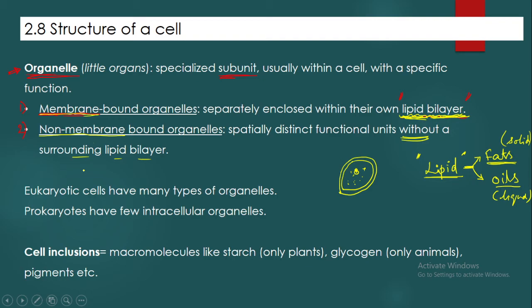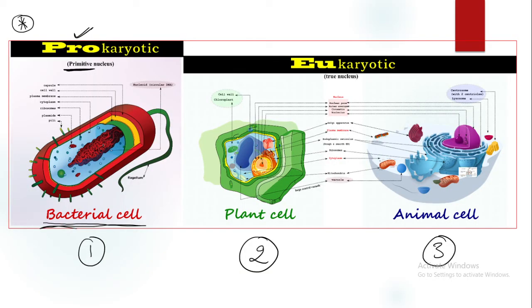Pro means primitive, old. Old generation types. Prokaryote. Karyote here means nucleus.